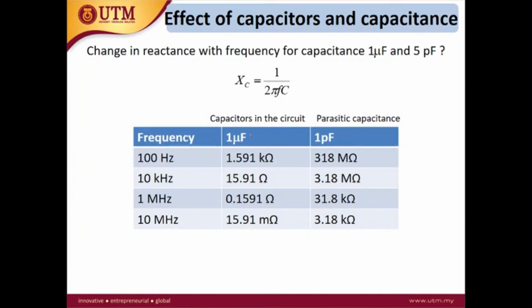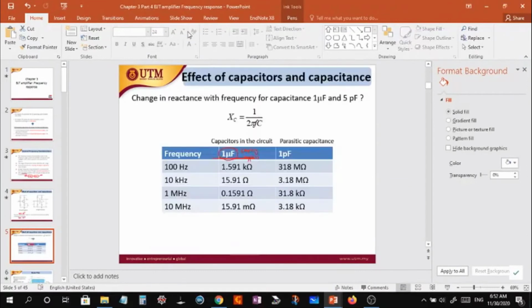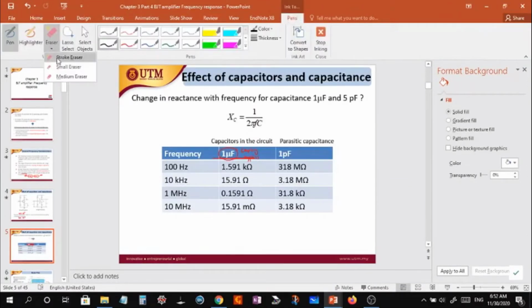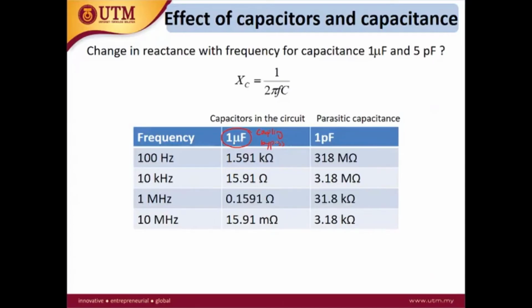For example, in this table we have two values. 1 microfarad represents the coupling and the bypass, and we also have another value which is very small, 1 picofarad, which is the parasitic capacitance. So we calculate the impedance, or reactance, at different frequencies.